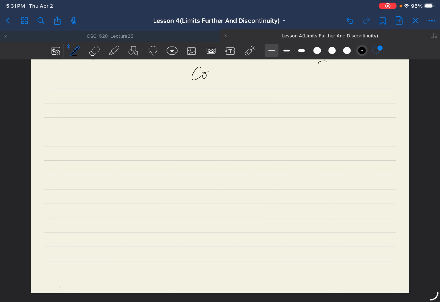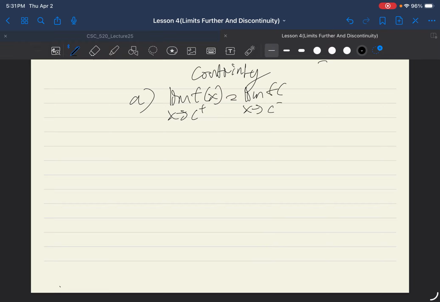So we'll first talk about continuity. How can we prove continuity? Well, there are 3 things. The limit as x approaches c from the right of the function must be equal to the limit as x approaches c from the left of the function.